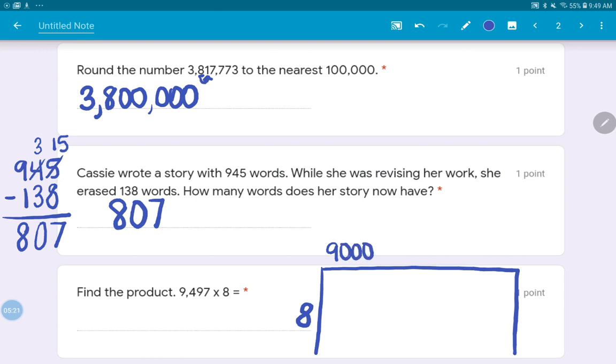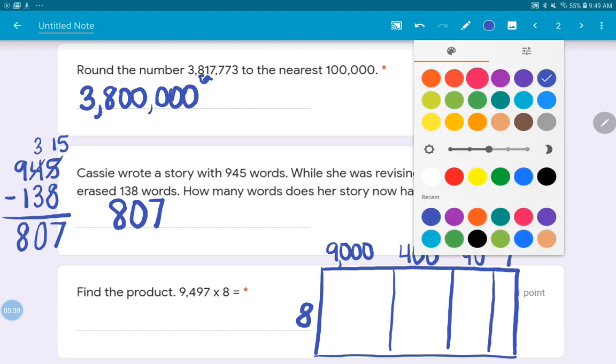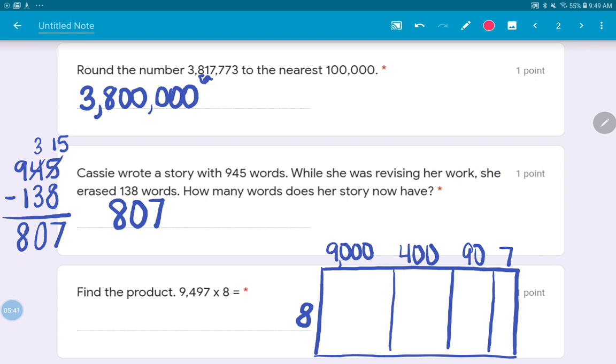So I've got 9,000, 400, 90 and 7. All right, I have my area model drawn. Now I'm going to find the area of each piece.